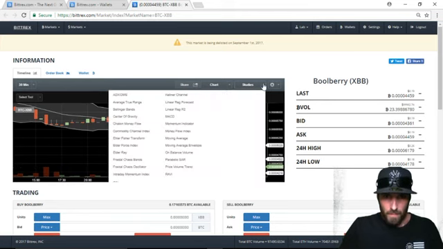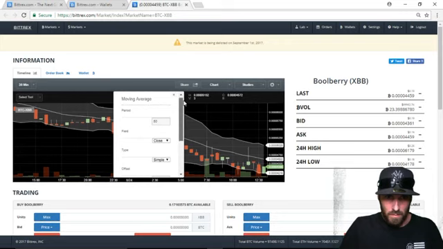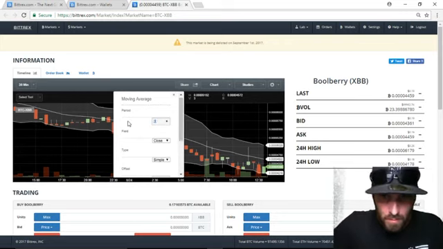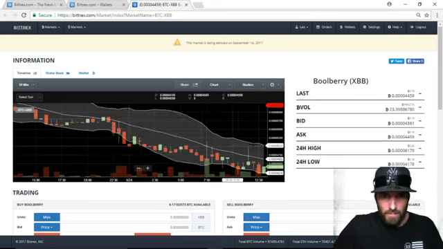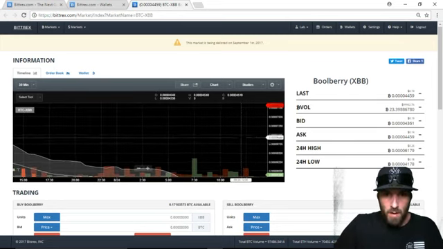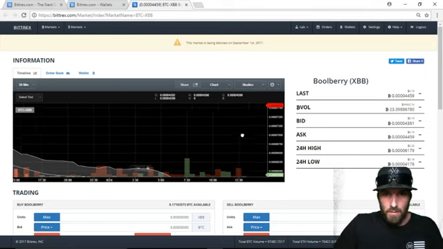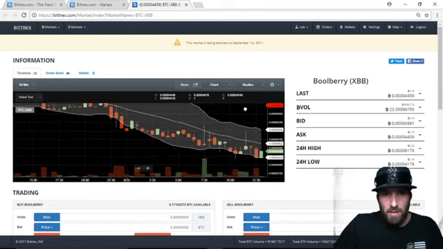Boom. Moving average, 200 day. The moving average is way up here. I can't even scroll up that high. That's how high the moving average is.